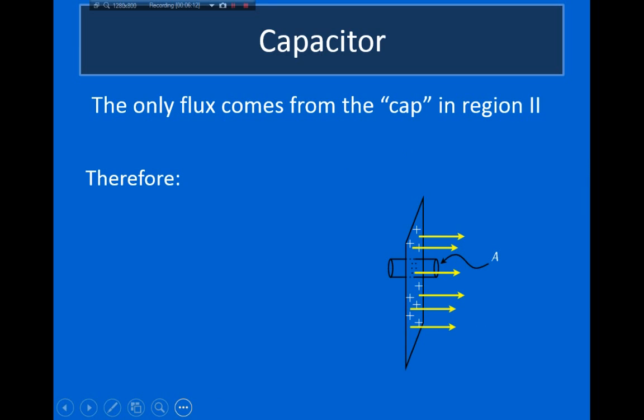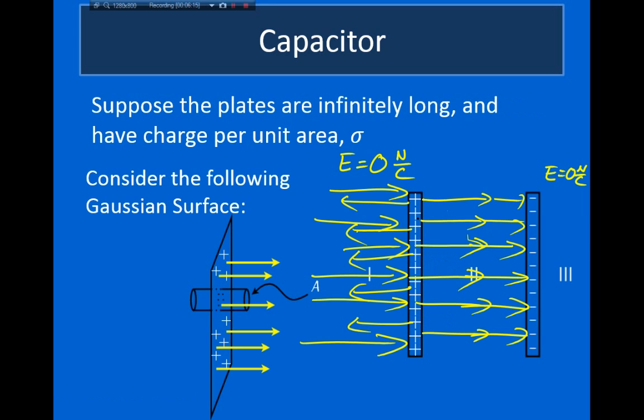So now if I apply Gauss's law to a cylinder, let me just draw the cylinder. This will look really ugly here, but I'm going to do a cylinder that looks like this. So one end of it is going to be in between the two plates, and one end is going to be outside the two plates.